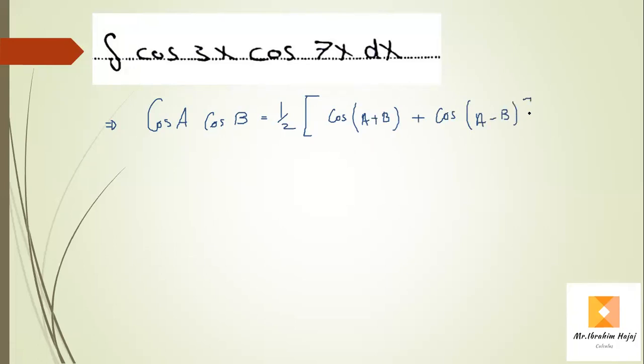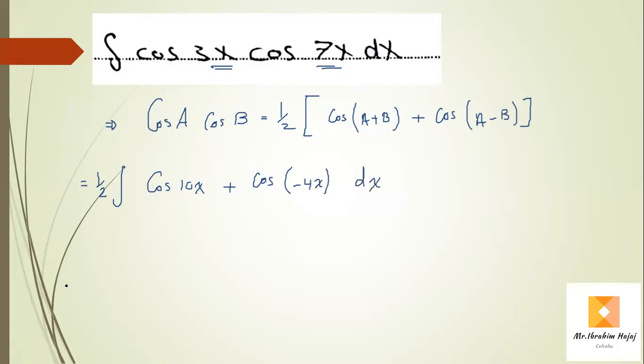So the integral here of 1/2, as a constant, leave it outside the integral sign. Cosine 3x cosine 7x becomes cosine 10x plus cosine the difference, 3x minus 7x, which is cosine negative 4x.